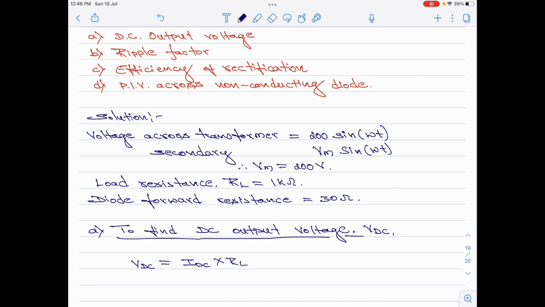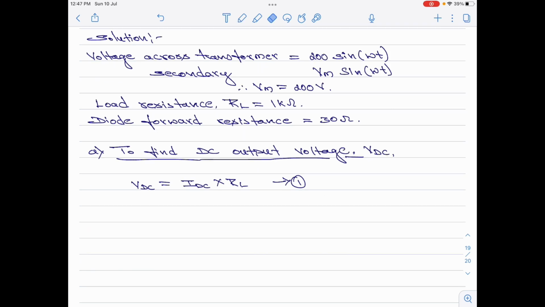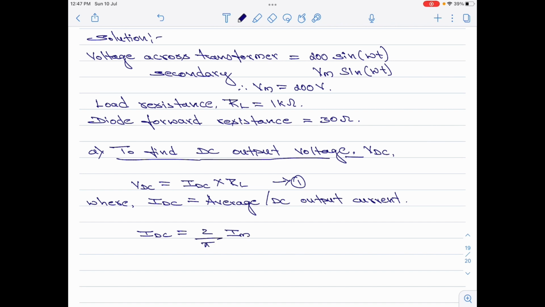Let me call this equation 1, where IDC is the average or DC output current. Since IDC is not known, let us write the equation for IDC, and this is given by IDC equals 2 divided by pi Im. This is a standard equation for the full bridge rectifier, and let me call this equation 2.